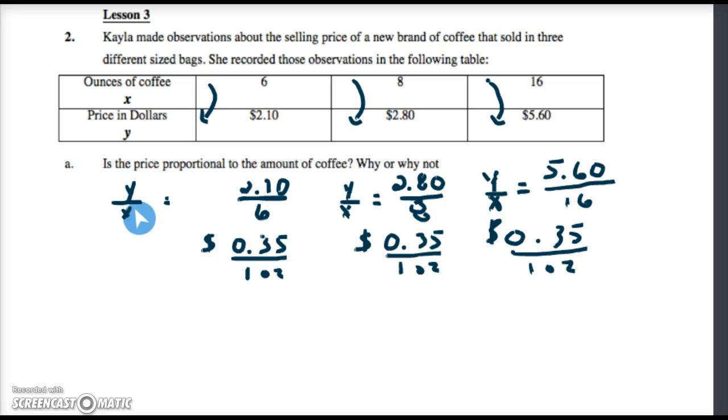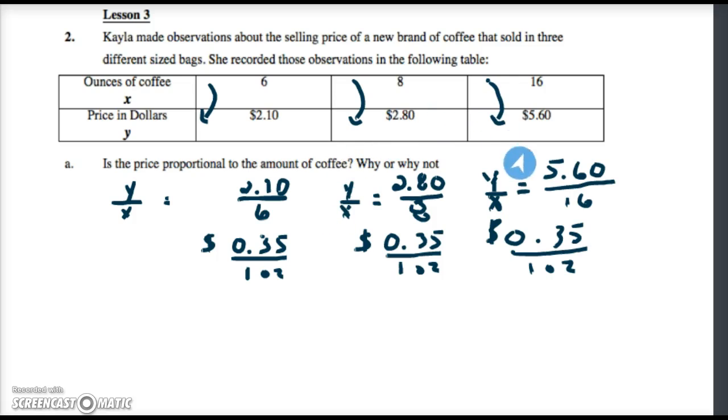Hopefully you divided in the order y divided by x. So you are solving 3 division problems in this order, and we came up with the fact that in each of these size bags of coffee, you're paying 35 cents per ounce.